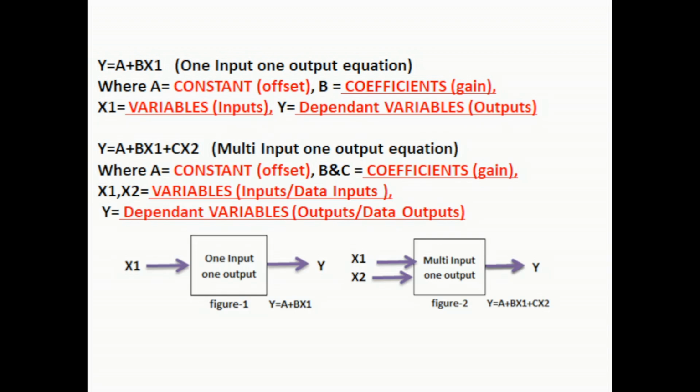Y equal to A plus B x1 plus C x2, where A equal to constant offset, B and C coefficients gain, x1, x2 variables inputs or data inputs, y equal to dependent variables outputs or data outputs. Here y is dependent on x1 or x2 or both.